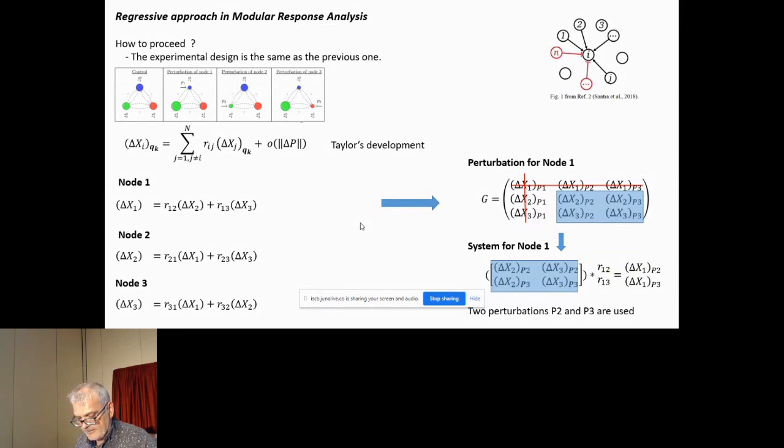And to obtain these particular coefficients, we delete from the J matrix the data associated with row 1 and column 1. So we get a 2 by 2 linear system, and the solutions of it are the connectivity coefficients R1,2 and R1,3. So in this example, we can see that the regressive approach consists in solving 3 independent problems.